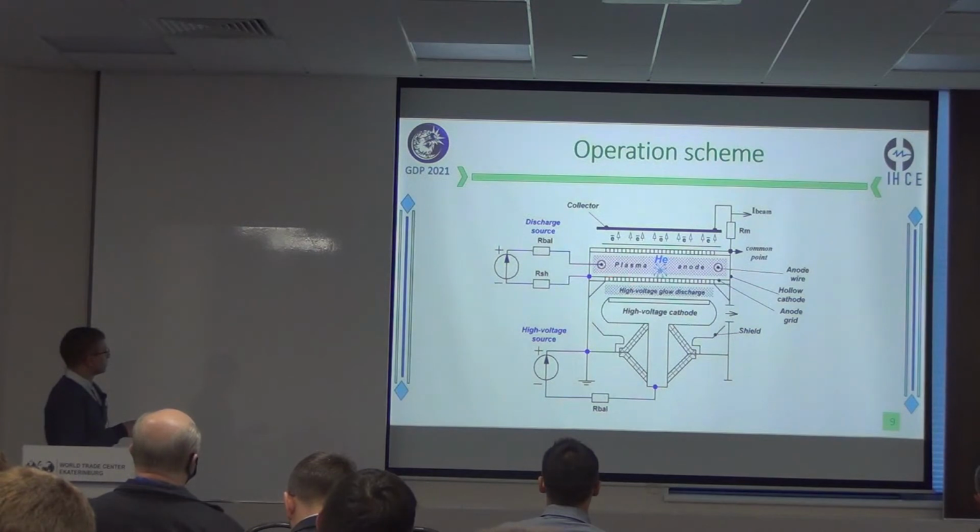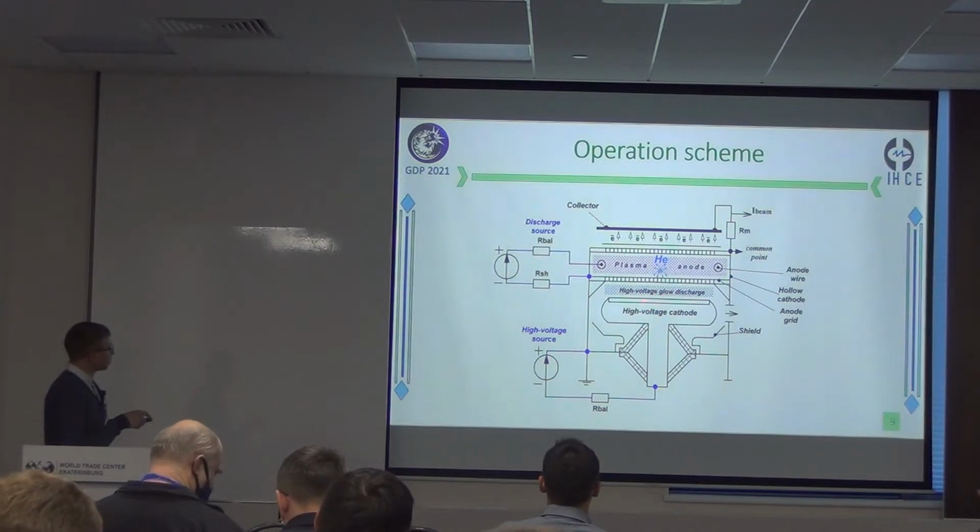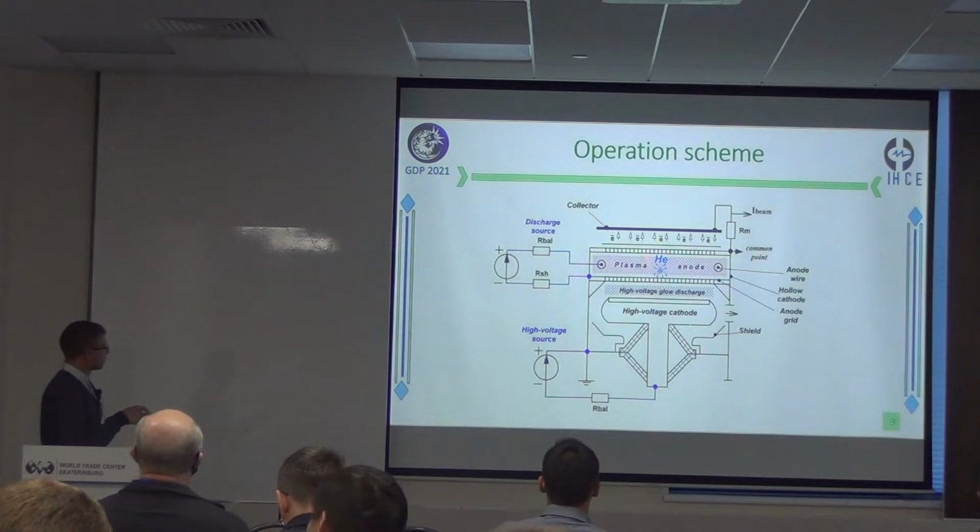These parts are separated by an anode grid, and ions extracted from the anode plasma and accelerated in the gap bombard the surface of the high voltage cathode. As a result of this bombardment, electrons appear which are also accelerated in this gap, pass through the plasma anode and the thin metal foil, and are output into the ambient atmosphere.